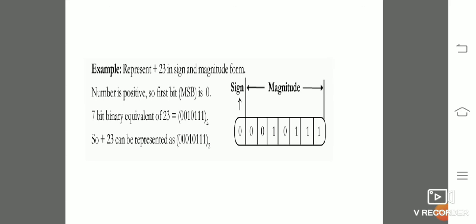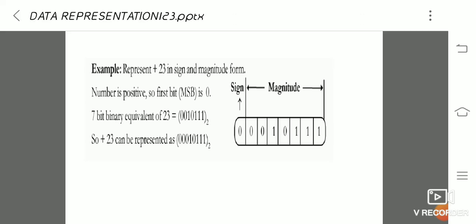The remaining 7 bits are the binary equivalent of 23. So plus 23 is written as 00010111 to the base 2.